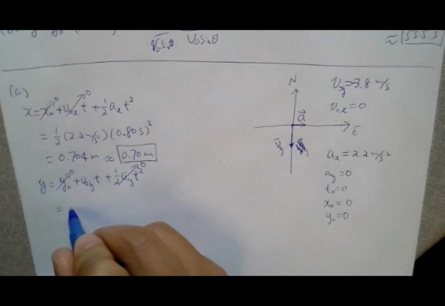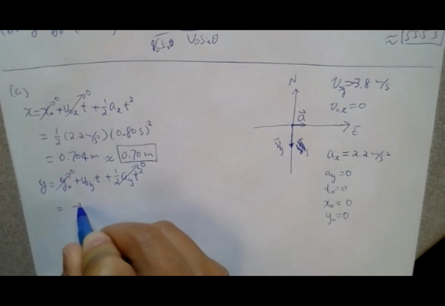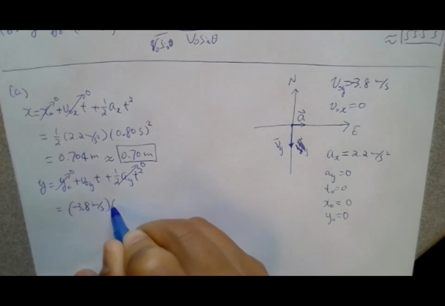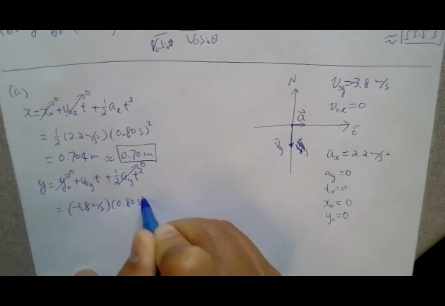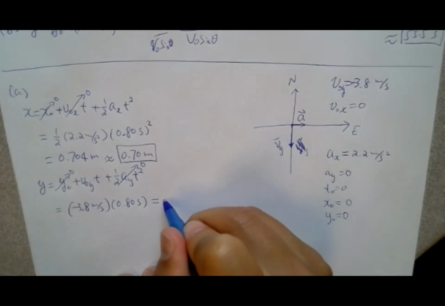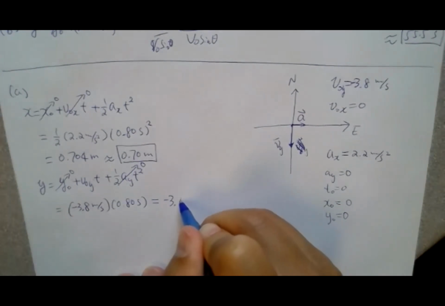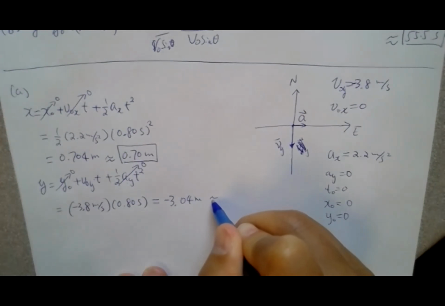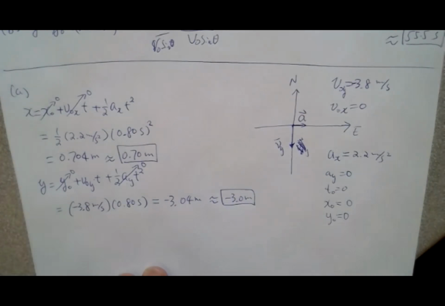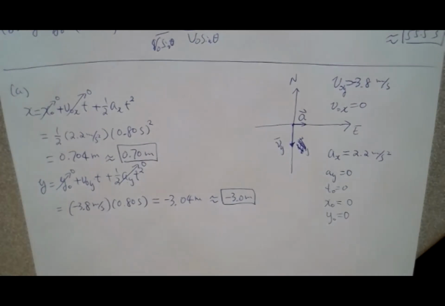So this is simply V0 Y, which is negative 3.8 meters per second, times 0.80 second. If you plug the numbers into your calculator, this is equal to minus 3.04 meters, or roughly minus 3.0 meters, okay? So these are your X and Y positions.